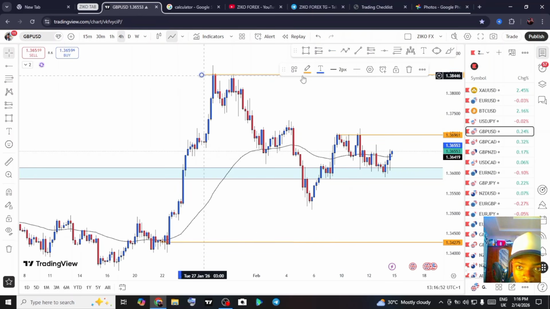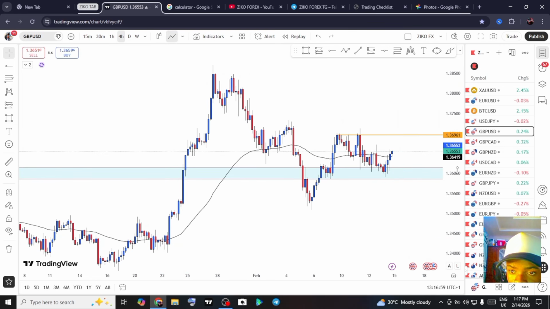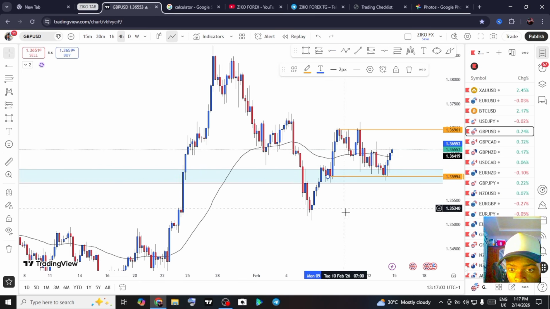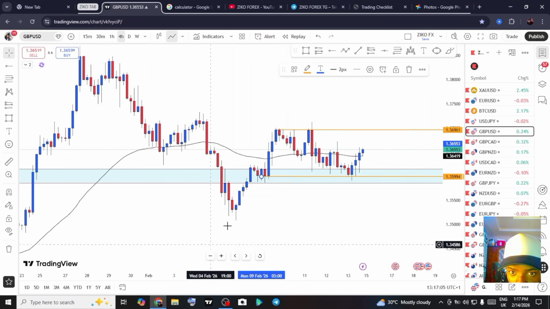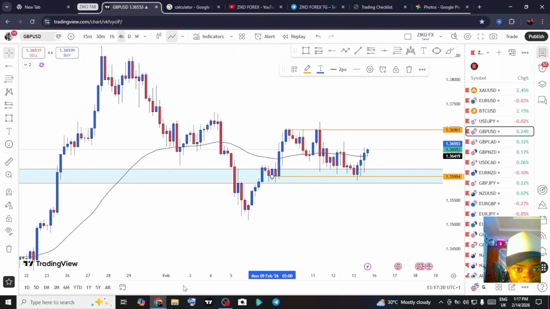Let's remove this too. So this makes this the higher high, and this right here the higher low of this market. Now, if you look closely, we didn't actually close above this high, right? Which makes all this market structure that is happening right here bullish, right? So that's what I can see now.